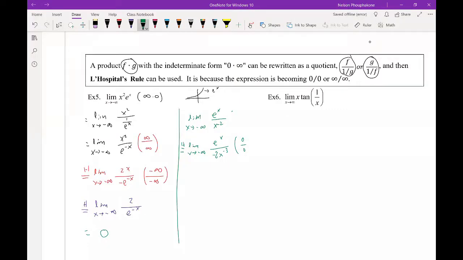Then you will see that you always have 0 over 0. If you keep doing the L'Hopital rule, you still always get 0 over 0, and it won't help you solve the problem. So when you have f times g, you need to try which one to work with, 1 over g or 1 over f.